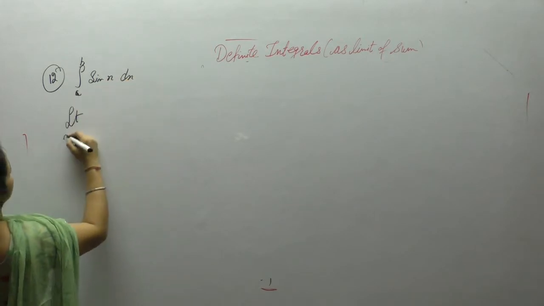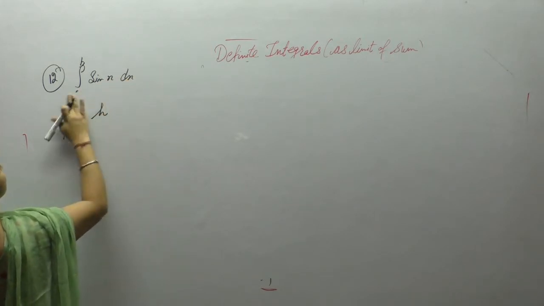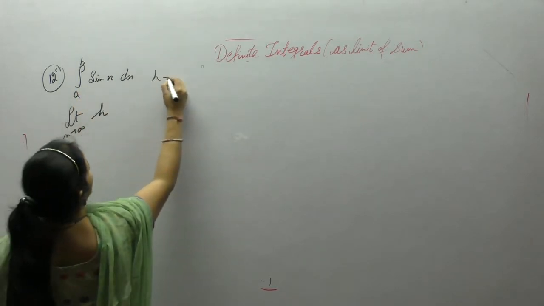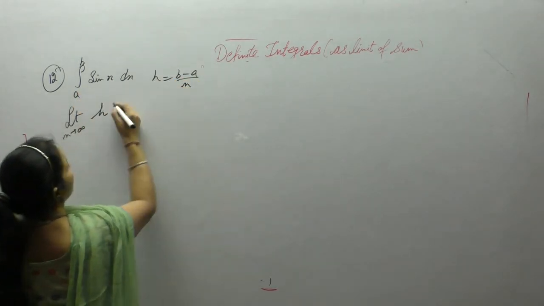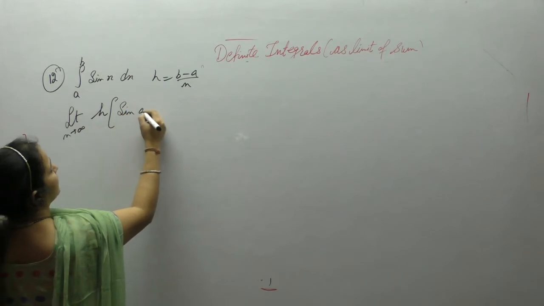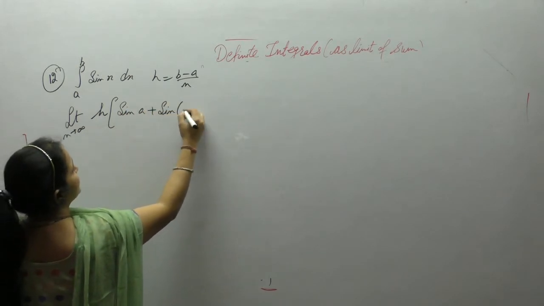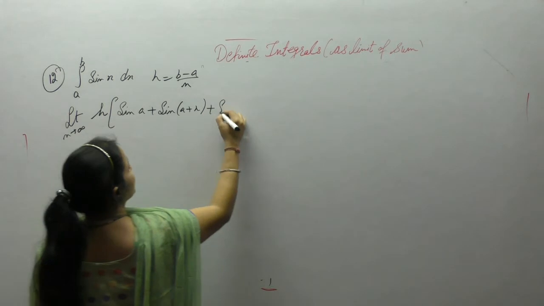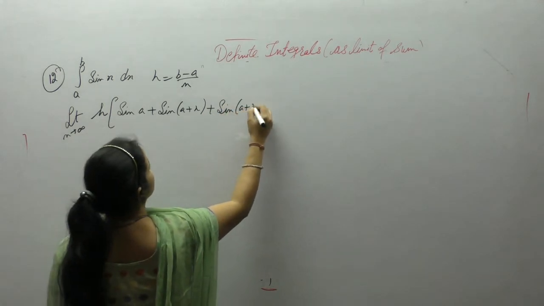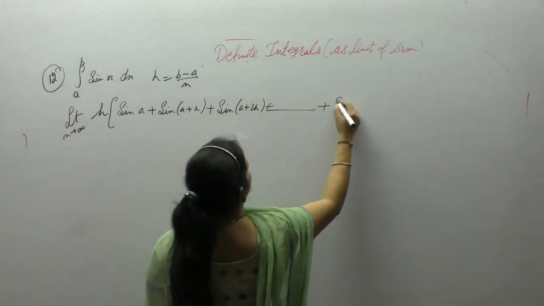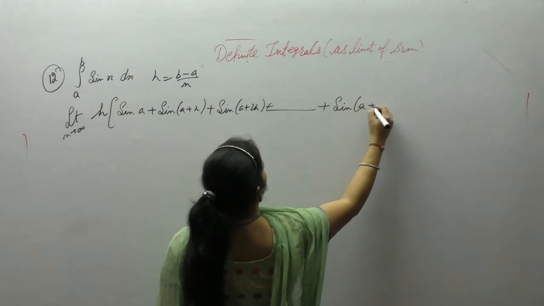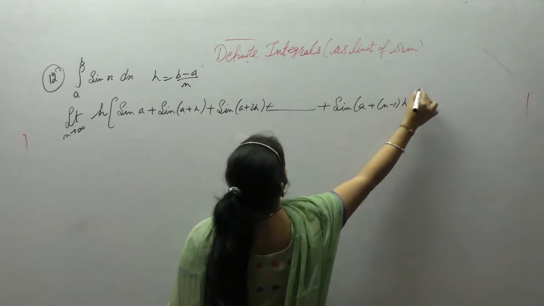Limit n tends to infinity, h, what is h? b minus a upon n, f of a plus f of a plus h plus f of a plus 2h, and so on up to f of a plus n minus 1 into h.